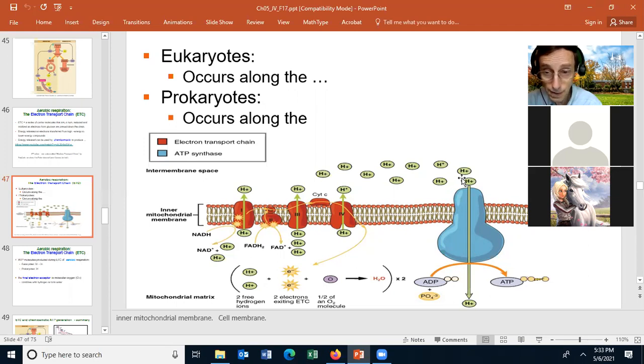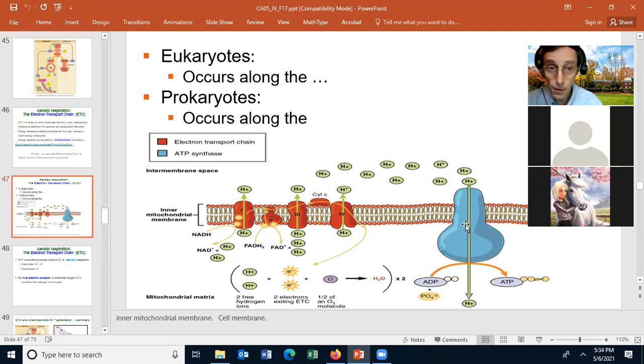And as the hydrogen ions move from this side of the membrane to this side, they give the energy from the potential energy difference. They give this protein the energy it needs to create ATP. And so this transport protein or channel protein is called ATP synthase protein. Okay, any question about any of that?